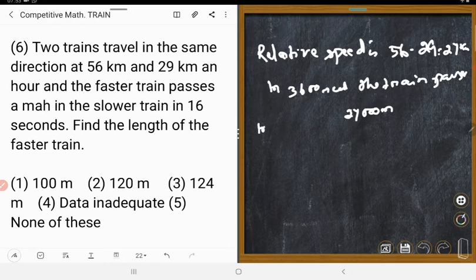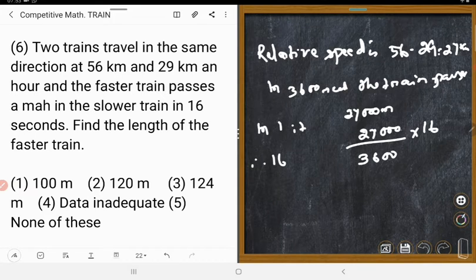In 1 second, it will pass 27,000 upon 3,600. Therefore, in 16 seconds, that is into 16. Triple zero cancelled. 6 4 the 6, 9 the 9, 30 the, which is equal to 120 meters. Could you understand?